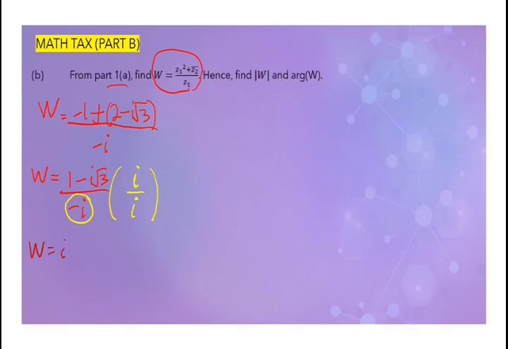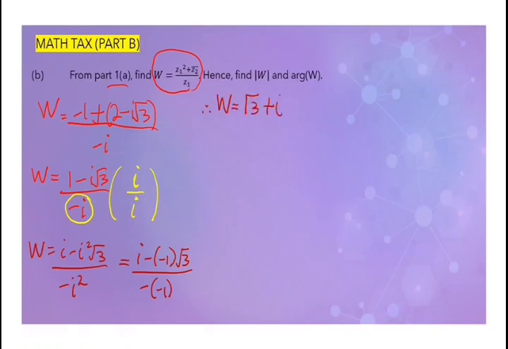We get i minus i squared √3 over negative i squared. And don't forget to substitute i squared with negative 1. So you get i minus negative 1 times √3 over negative times negative 1. Your w will be √3 plus i.